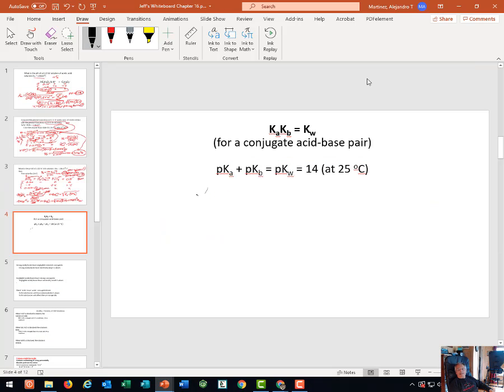Okay, in studying the acidity, basicity, or neutrality of salt solutions, I want to remind you of this relationship between Ka and Kb. So if Ka is the equilibrium constant that we use for an acid, it's called the acid dissociation constant, Kb is the equilibrium constant in this context for its conjugate base.